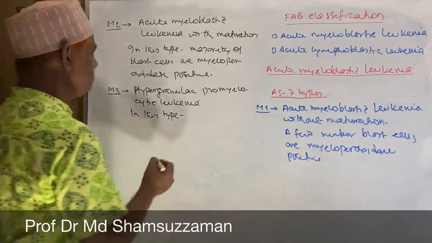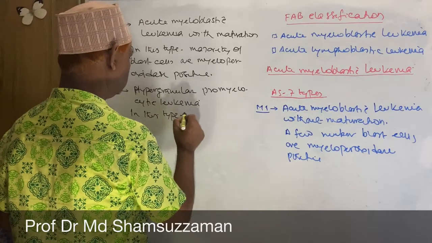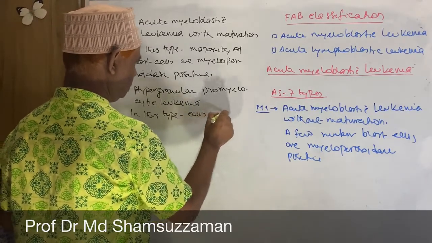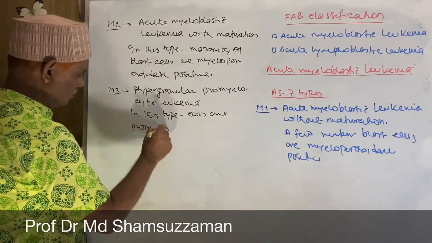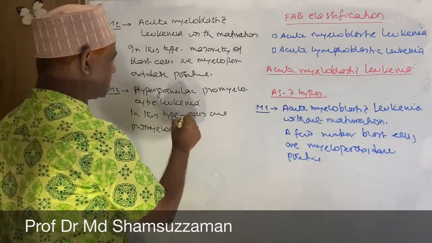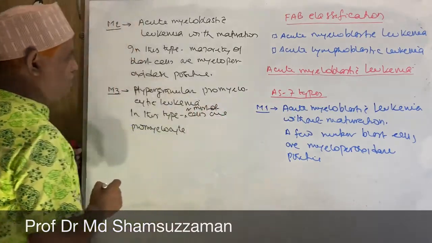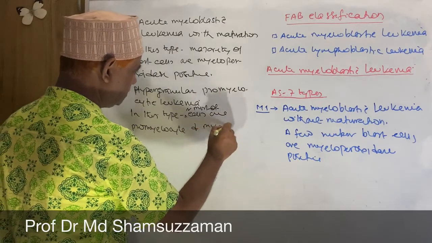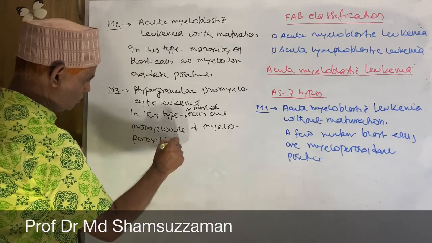So in this type, most of the cells are promyelocytes and myeloperoxidase positive.